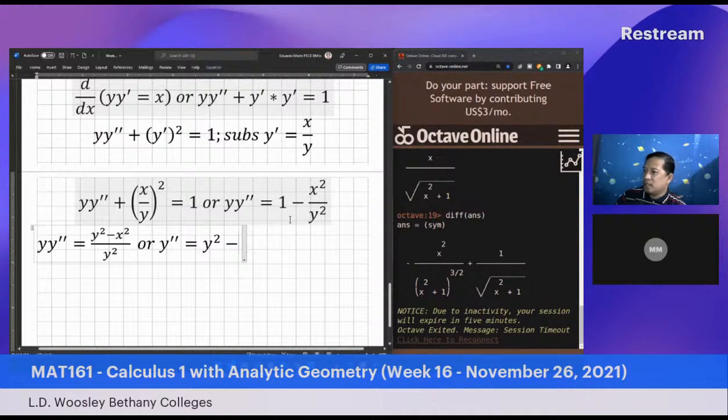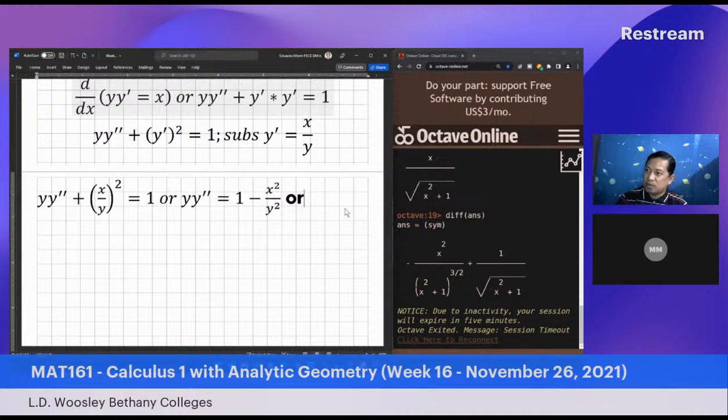Teka, parang di na pala dapat kailangang gawin yun. Saglit lang ha, I'm thinking ha. Baka hindi na kailangan i-derive to. So, pwede na ditong substitute agad yun.